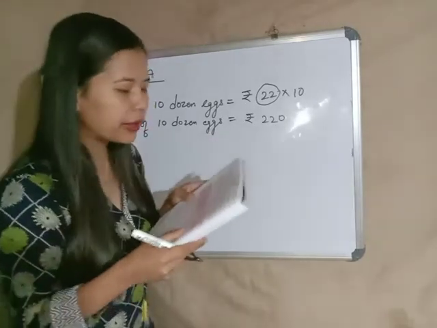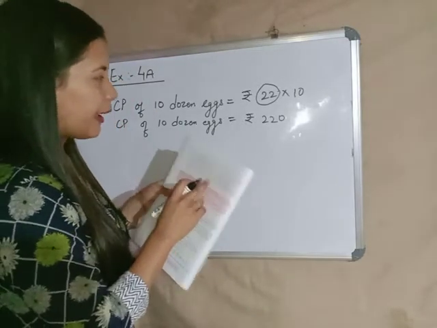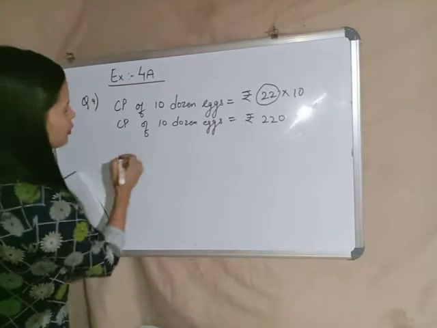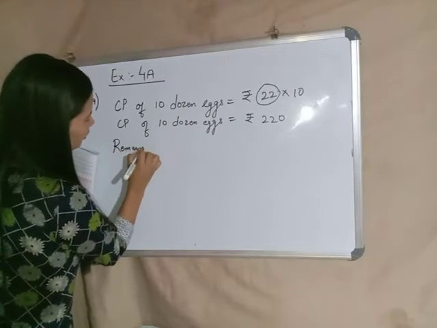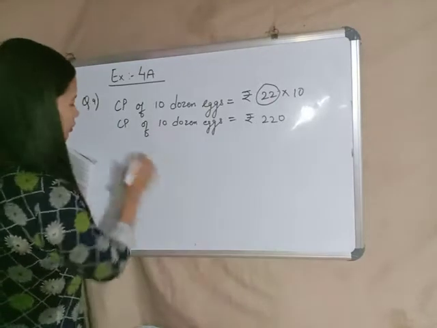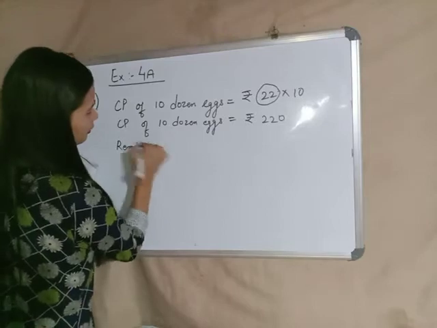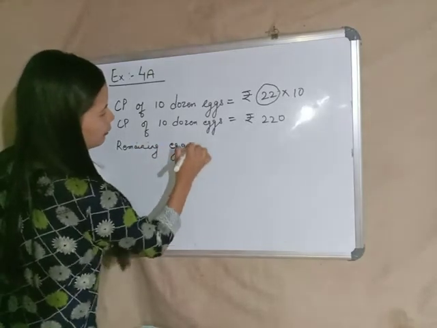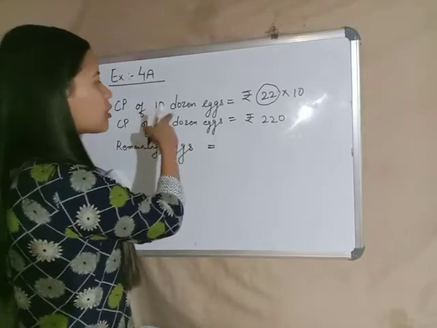He sold the remaining eggs at the rate of rupees 2.50 per egg. Okay, so the remaining eggs. Because 6 were rotten, how many eggs will remain? 10 dozen eggs were there.